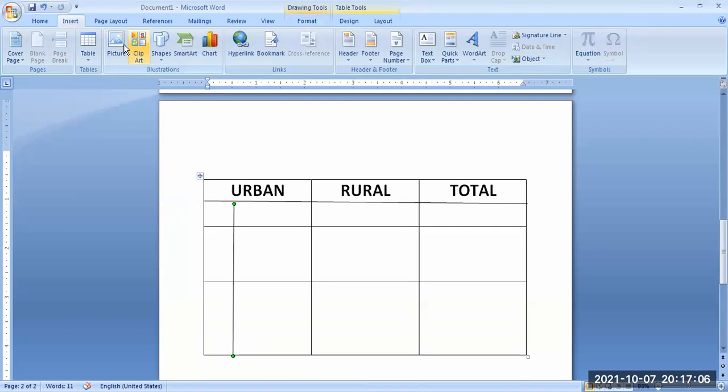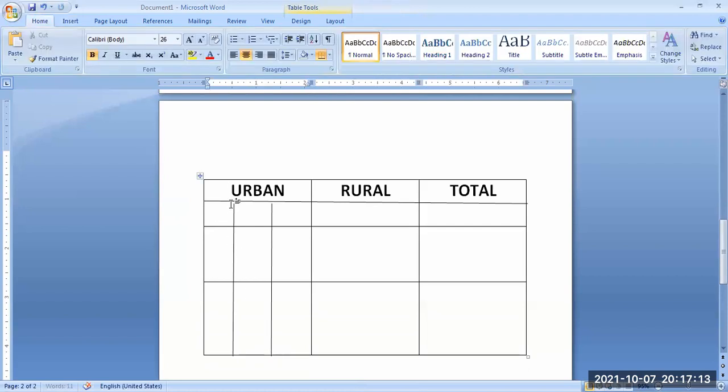In urban, 3 categories I am making, including total. What are the categories? You just check. Here you write. This is workers.